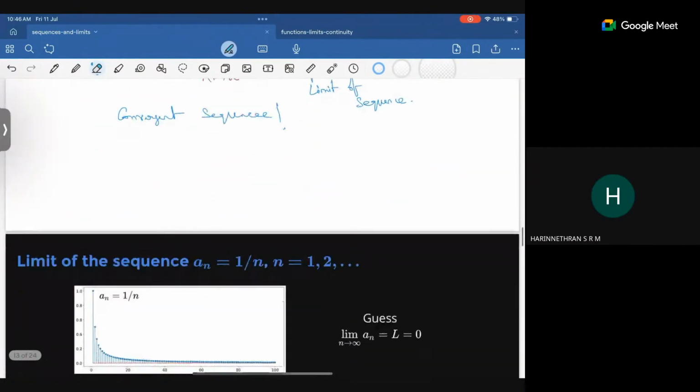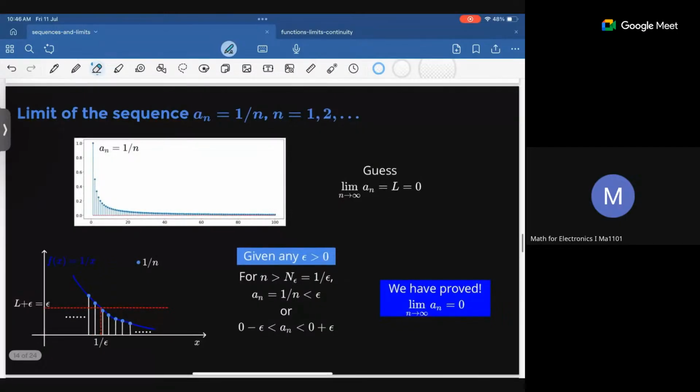So you can see here, 1 by n is given here clearly, right? It started from 1 and slowly, at n equals 20 itself, you can see. At n equals 40 also, it is very, very close. At n equals 100, it's almost 0.